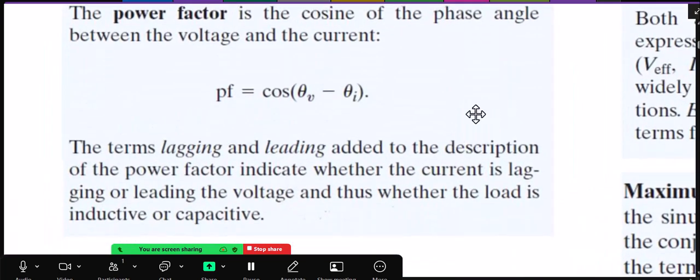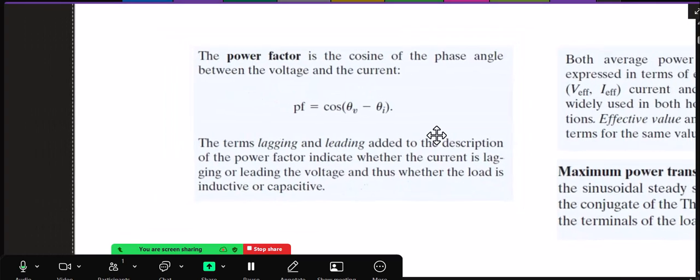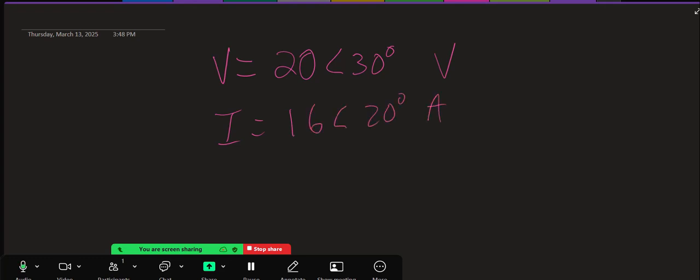What does the conjugate mean again? Oh, good. Thank you for asking. Okay, so let's say I have V equals 20 angle 30 degrees volts, and I equals 16 angle 20 degrees amps.